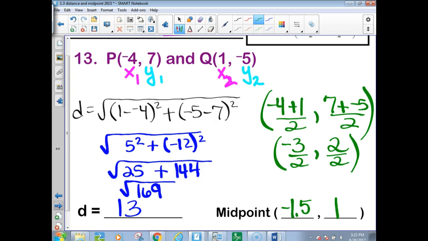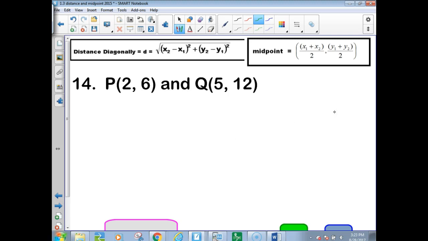Try another one. If you like labeling, if you don't have to label, that's great, but you better be sure you don't need to and that you're getting them all right.